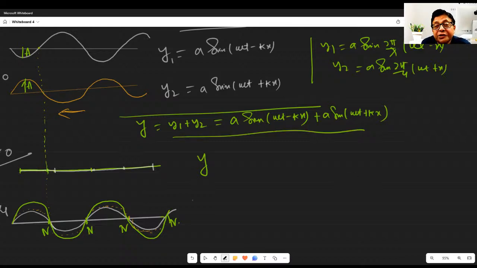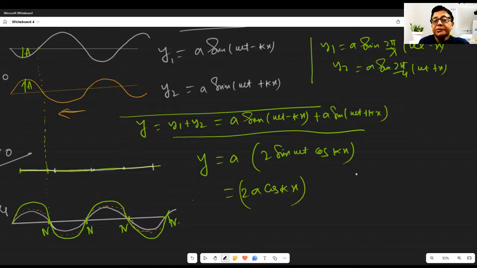So here, if you add these two, what will you get? A into sin C plus sin D. Sin C plus sin D is what? 2 sin (C plus D) by 2 cos (C minus D) by 2. Understood? Twice A cos kx sin omega t.